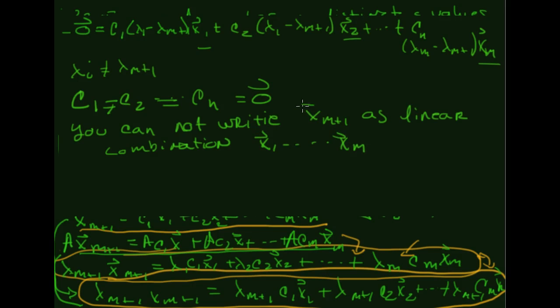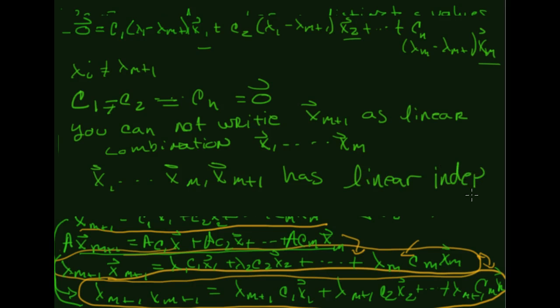If that's the case, then x1 through xm plus 1 has to be linearly independent. So that's what we're trying to get at.